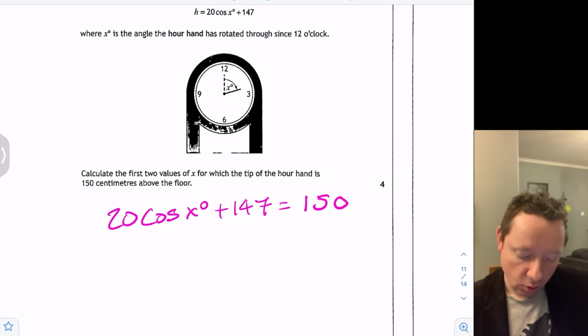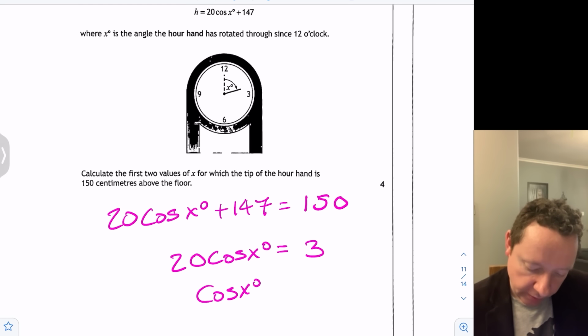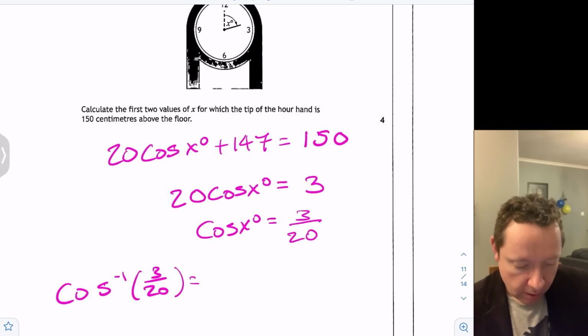So we now need to solve that. So taking 147 from both sides, we get 20 cos x is equal to 3. Dividing through by 20 then, cos x is 3/20ths. And then we use the inverse cos. Inverse cos of 3/20ths in a calculator is 81.373.